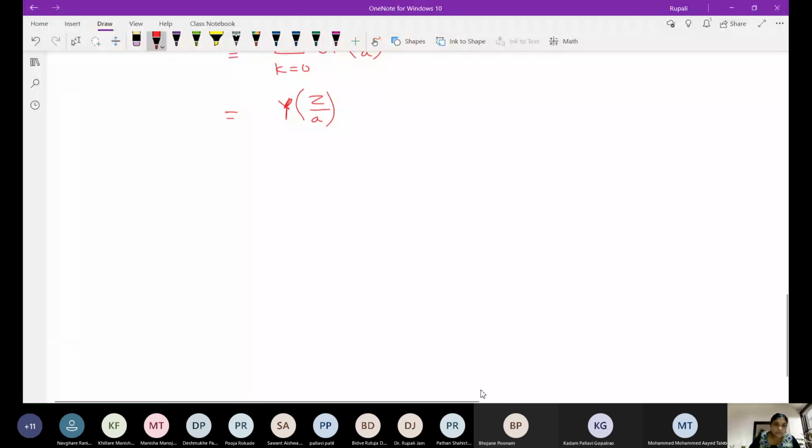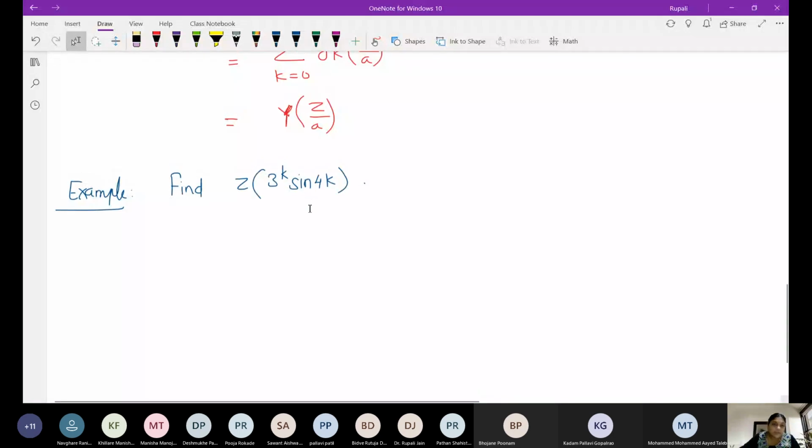We'll take an example. Find the Z transform of 3 raised to k sine of 4k. So this is of the form a raised to k yk.